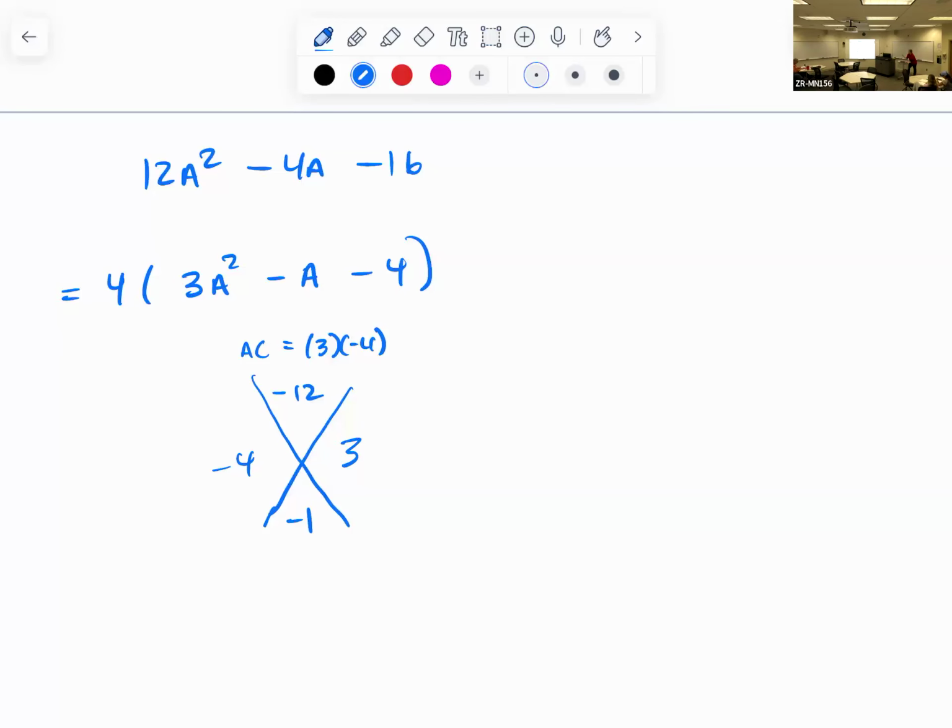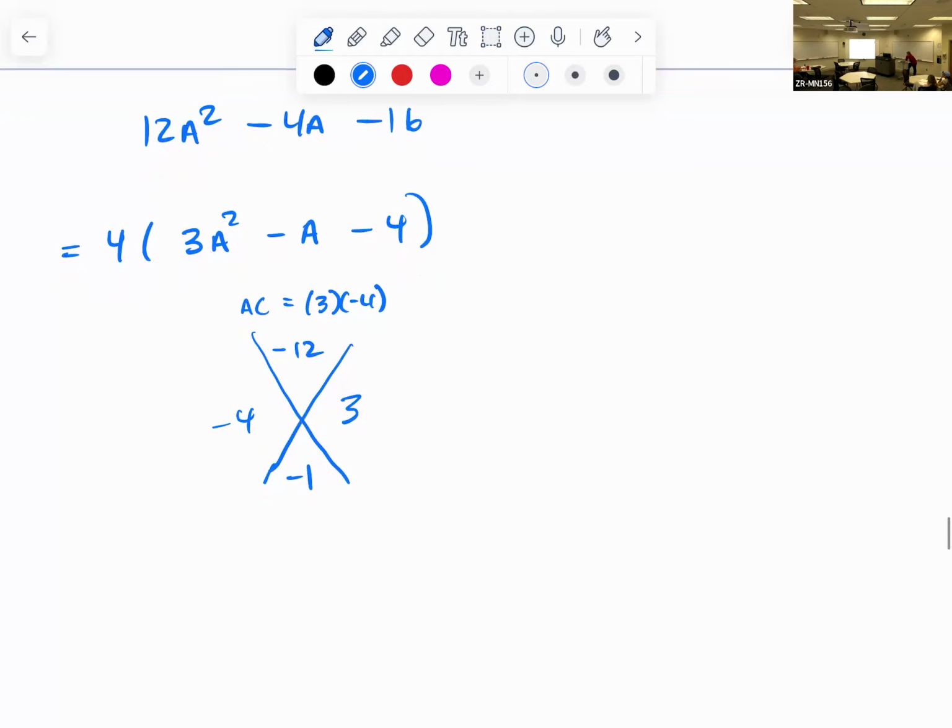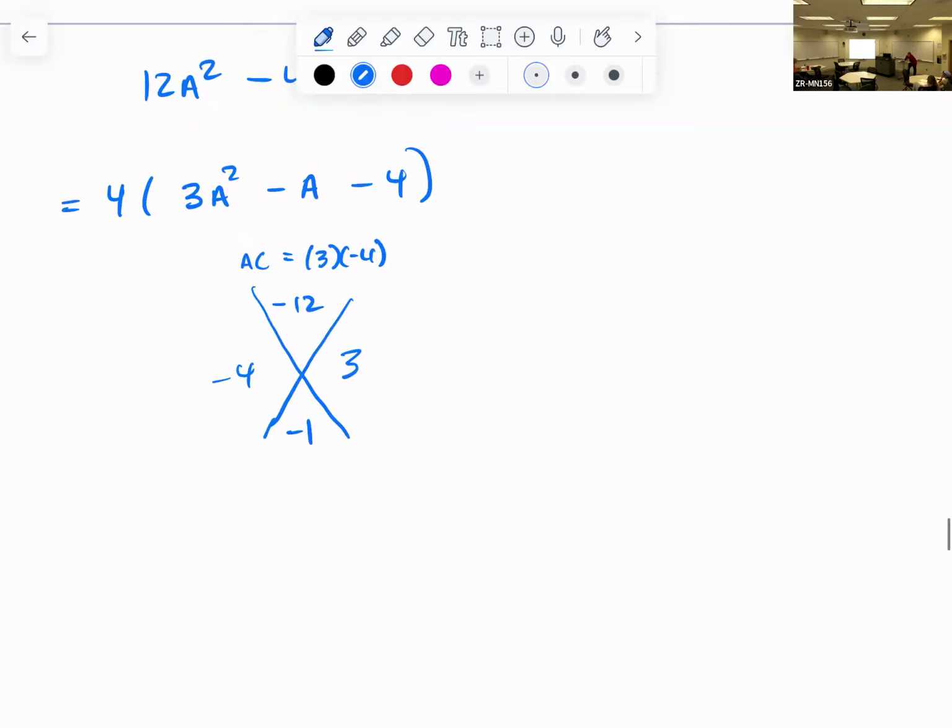Literally what you created to make AC was the same thing, so that happens sometimes. It means I don't have to list my factors. I literally have it right there. It's 3 and -4. All right, but remember, with this one, I'm going to drop the 4 temporarily. 3a squared and -4 drop down.